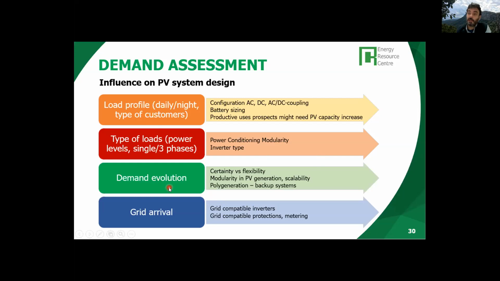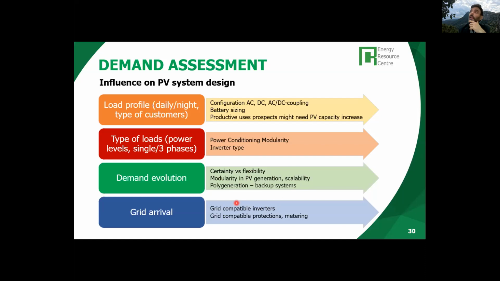The evolution we can expect in the demand, how certain we are about the evolution of demand. Obviously, if we are very certain, we can come up with a very accurate design. If we are not very certain, we need to be flexible, and incorporate criteria of modularity, scalability, or even polygeneration, different generation possibilities, backup systems, to be able to cope with an eventual undersizing or limited capacity of the PV generation side of our plant.